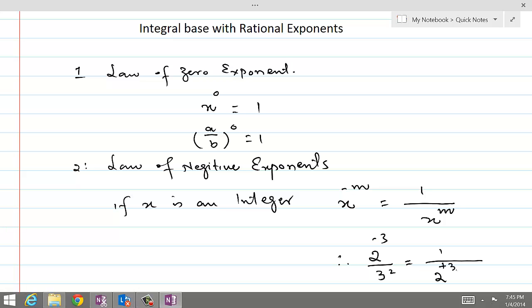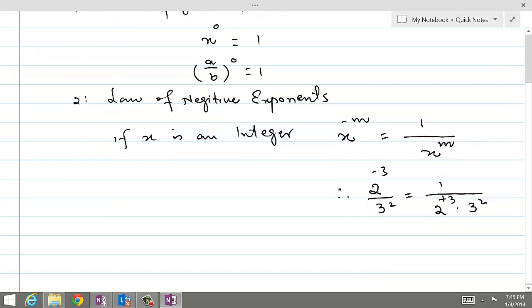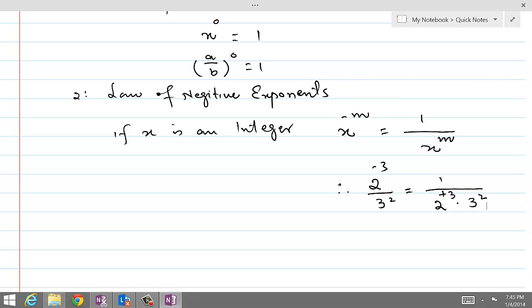This will become plus 3 into, we already have 3 power 2. So if you want to write exponent as a positive number, we have freedom to move the denominator to numerator or the numerator to the denominator, and we can change the sign of the exponent. This was the case when base was an integer.